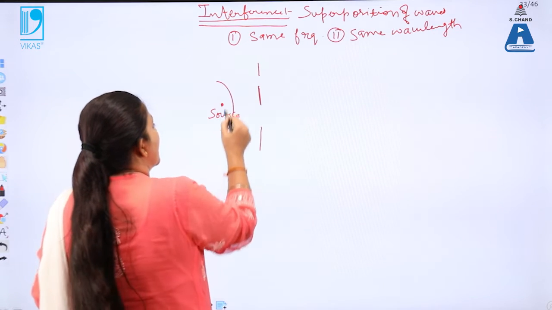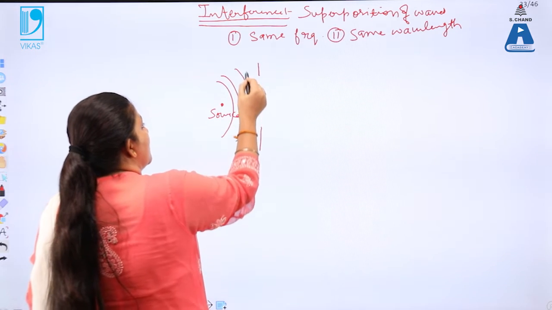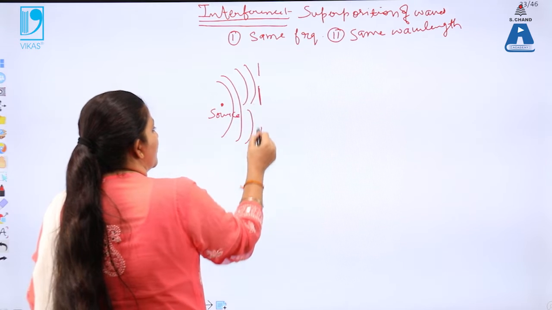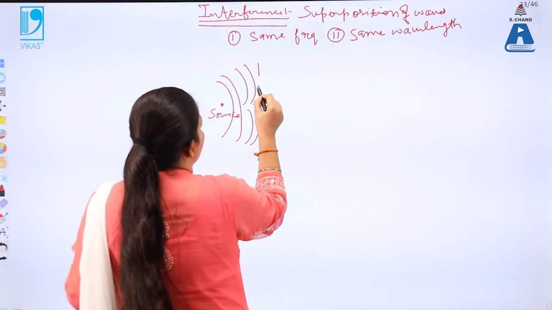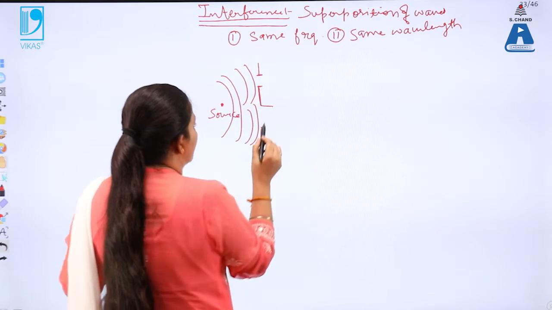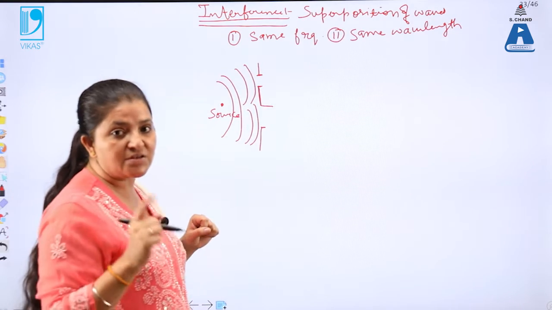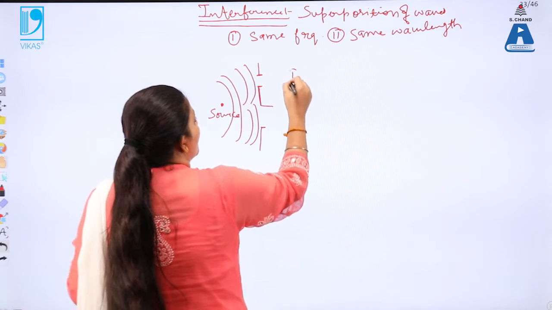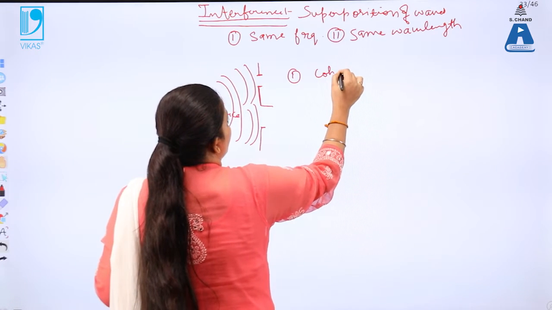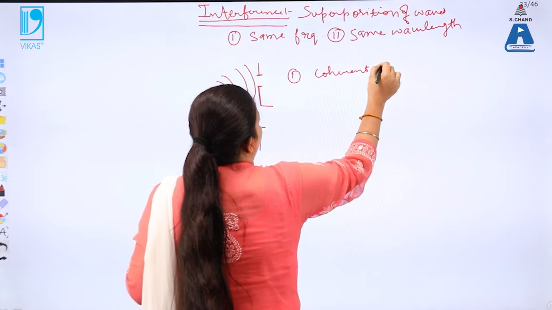The light coming out from this slit and from this slit both have the same frequency. So this is the first condition, and coherent sources can be generated.